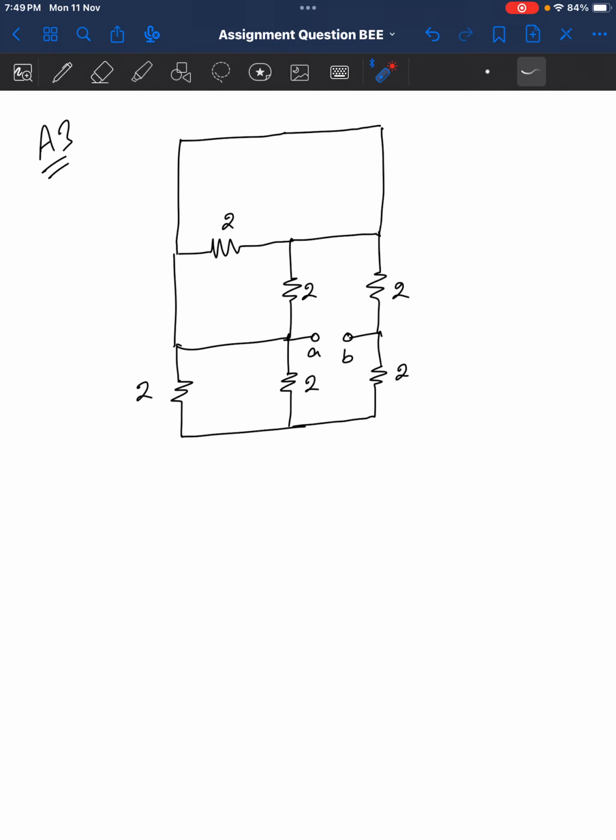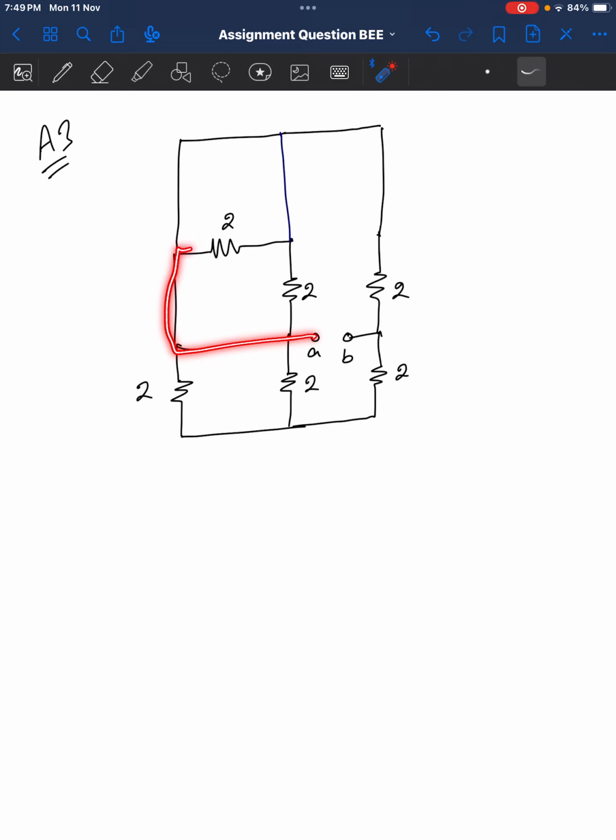In order to simplify the circuit, we can simply remove this and redraw it, because if it is connected in this way, it's the same as connected in this way. Now you have got the flow of current.